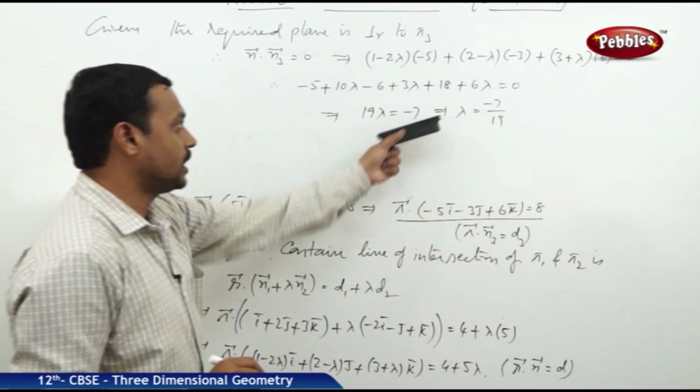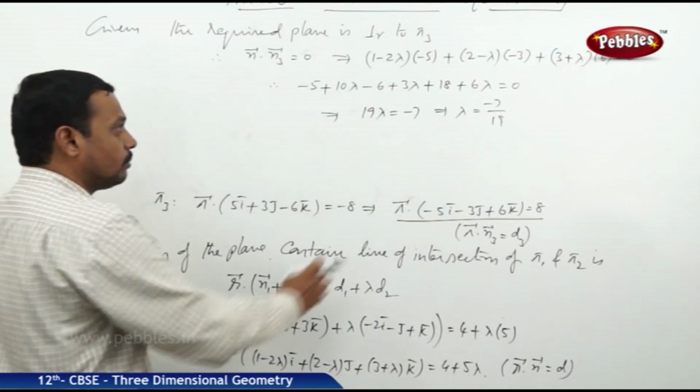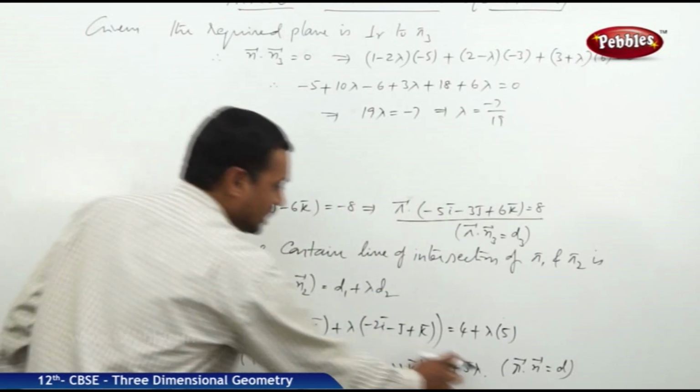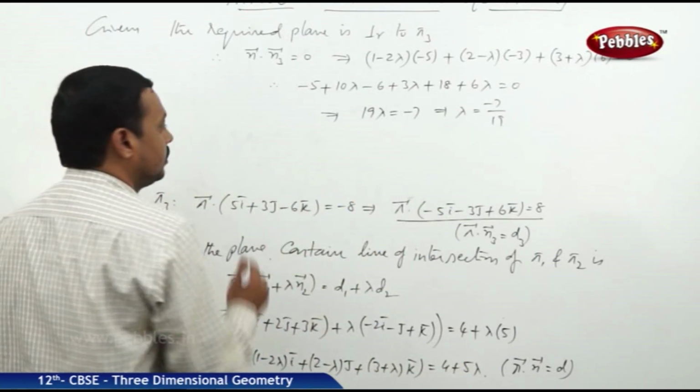Now substitute lambda is equal to minus 7 by 19 in this equation, r dot n is equal to d.